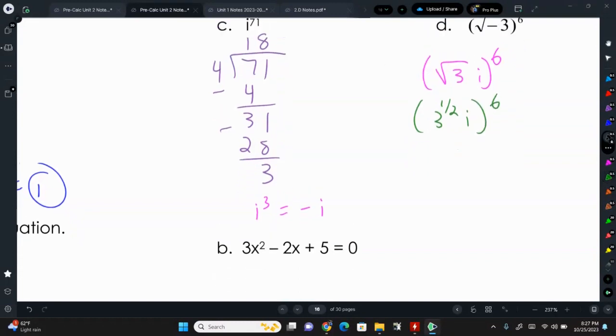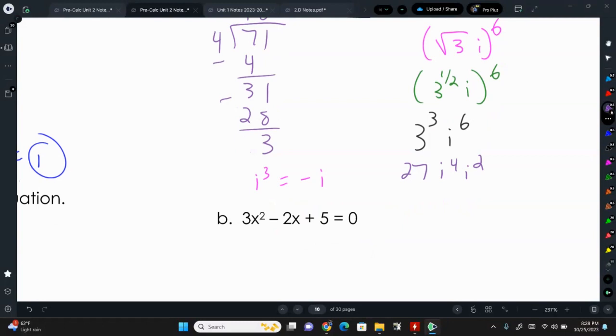We can then distribute the sixth power, and we get 3 to the 1/2 times 6 is 3, so 3 to the third times i to the sixth. 3 to the third is 27. i to the sixth can be written as i to the fourth times i squared. i to the fourth is 1, i squared is negative 1, so our answer is negative 27.